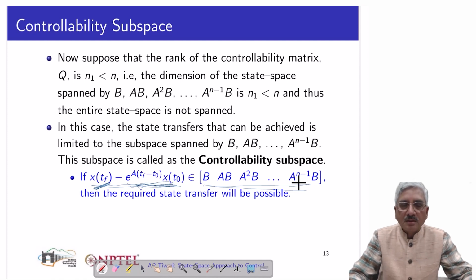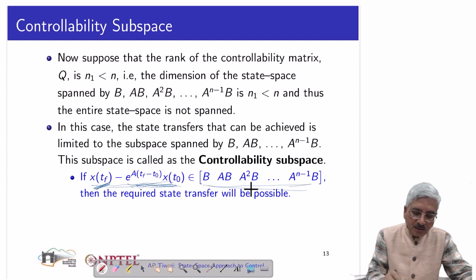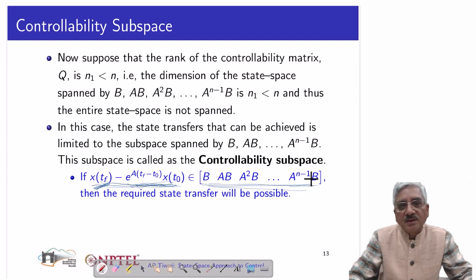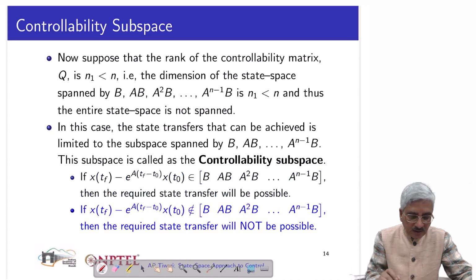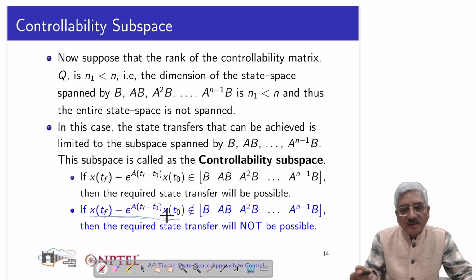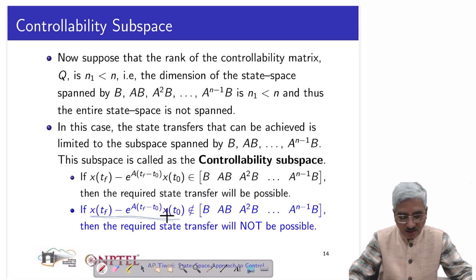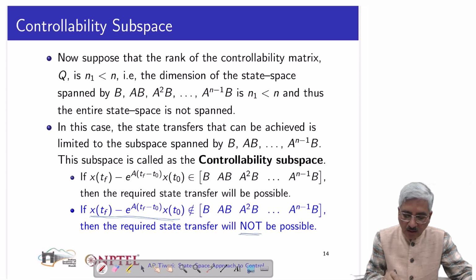But if it is uncontrollable, and thereby the controllability subspace is not the whole state space, it is of lower dimension n1, then the state transfers that will be possible are those which are in the controllability subspace. And if this difference is outside the controllability subspace, then that state transfer will not be possible.